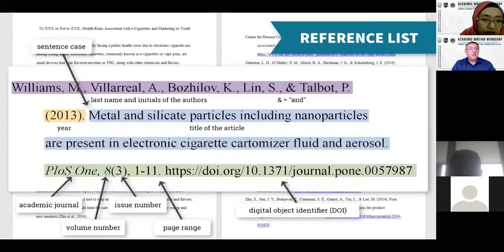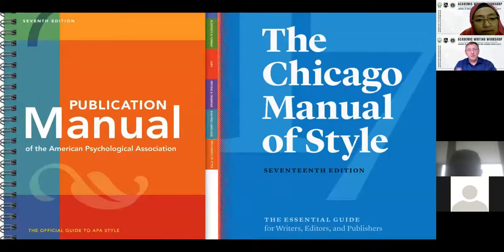But guess what? It's not always correct, because the title of the journal article must be in sentence case. EndNote does not always change it into sentence case. So you have to be a little responsible. But these manuals will help you. And like I said, both of these manuals are available online.